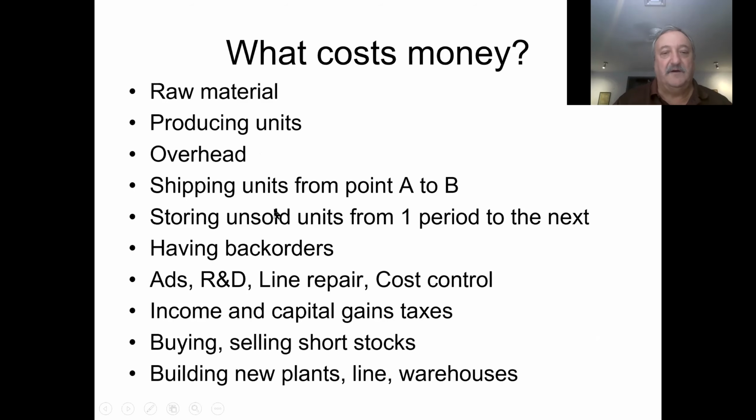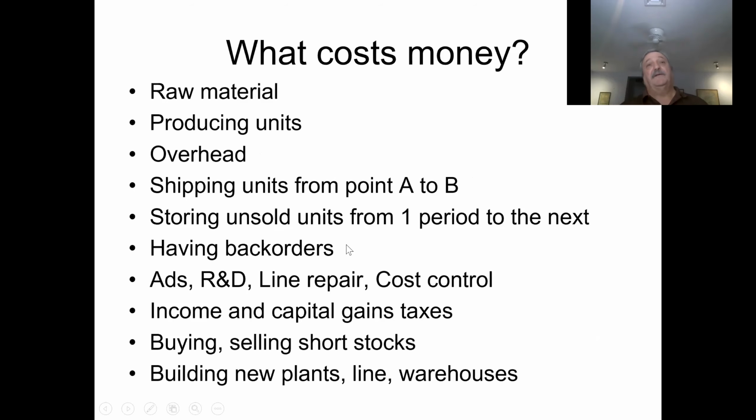It costs money to ship units from one city to another. If you have leftover unsold units carried over to the next period, there's a holding cost for doing so. Back orders, right?